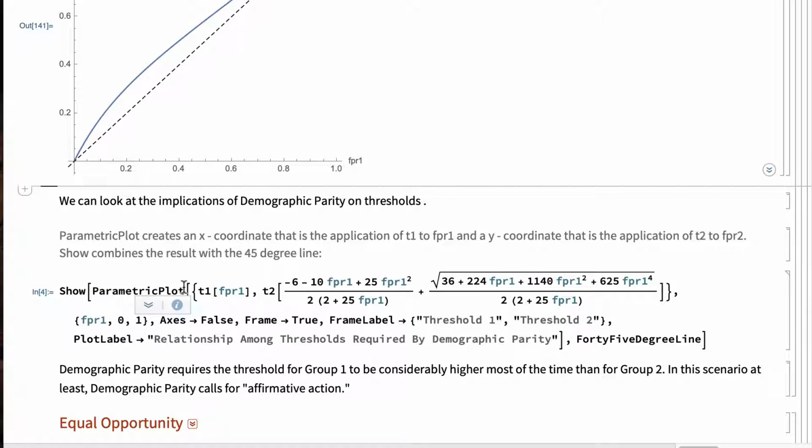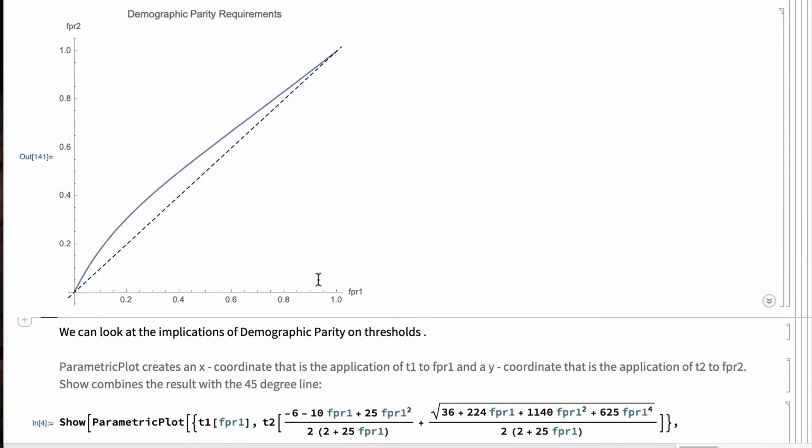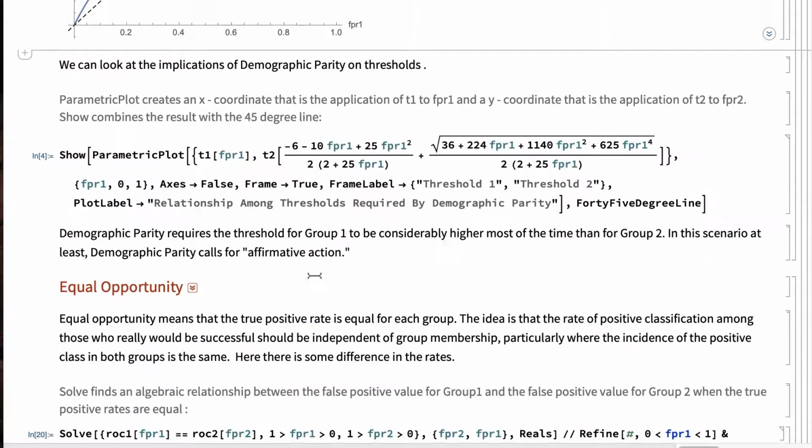We could also look at what's the relationship among the thresholds that creates demographic parity. Here's our expression for the threshold for group 1 with its false positive rate. And here is the expression for the threshold of group 2 with its false positive rate, although its false positive rate is a function of the false positive rate for group 1 that we saw up here.